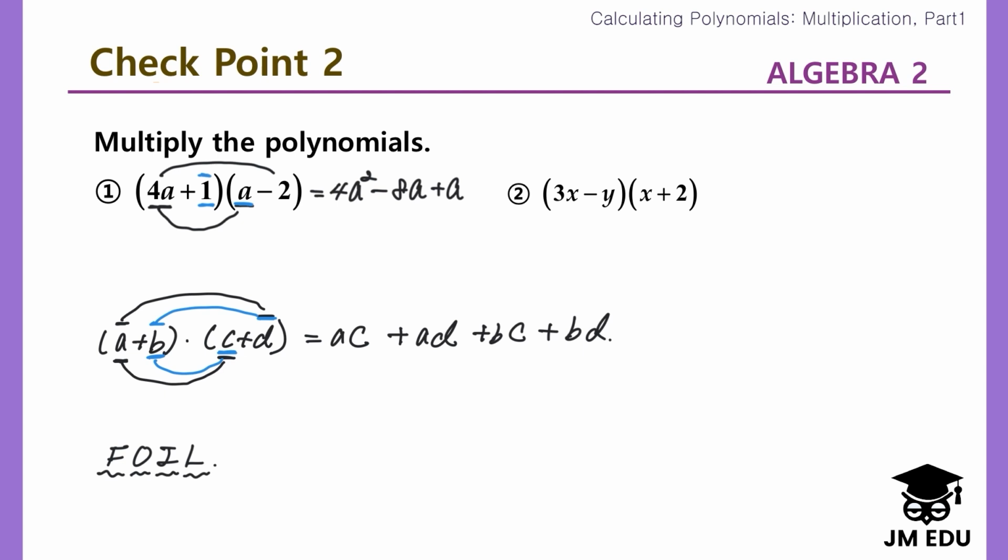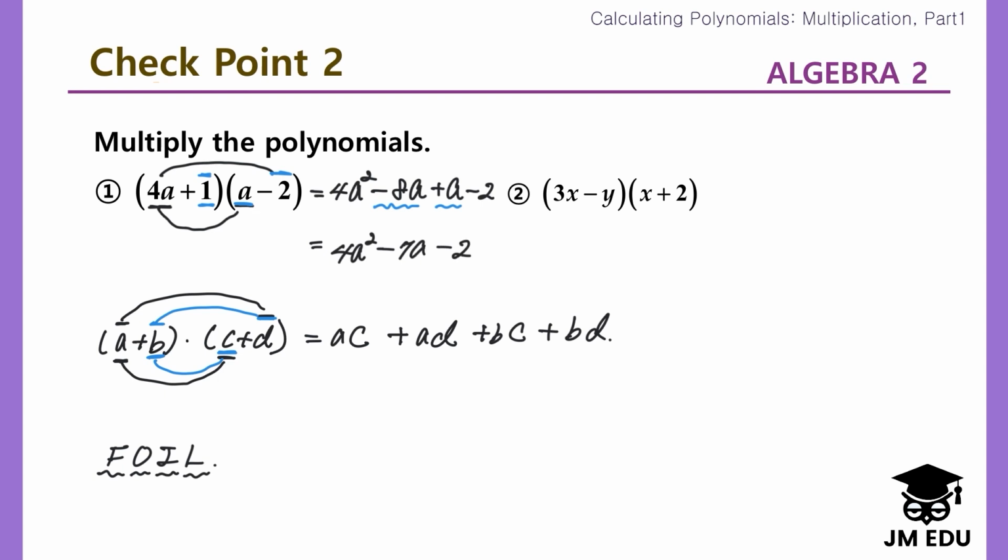Last, 1 times negative 2, right? So 1 times negative 2, that's negative 2. So we have like terms, negative 8a plus a. Negative 8 plus 1, that's negative 7, right? So this is going to be 4a squared minus 7a minus 2.